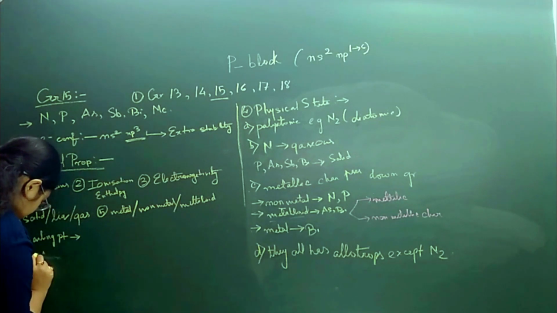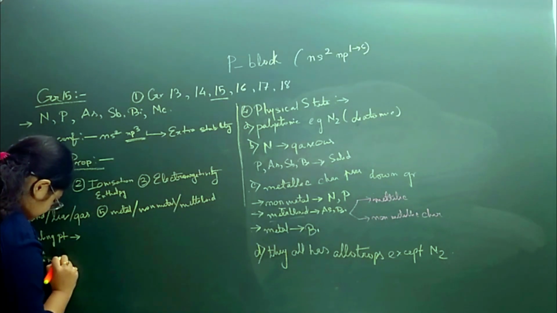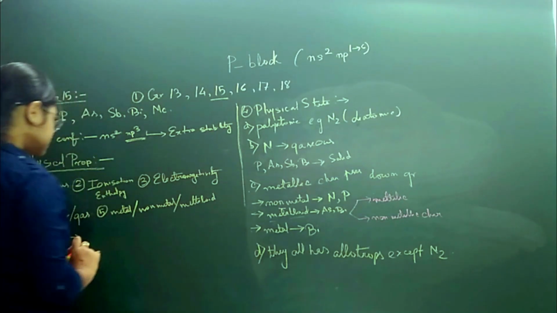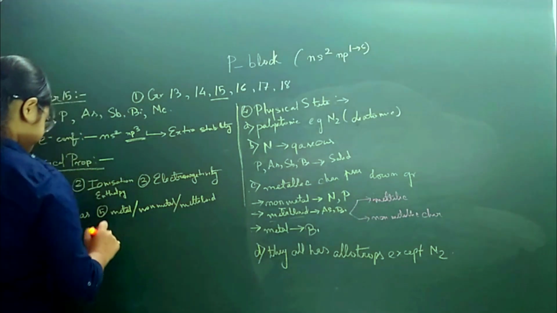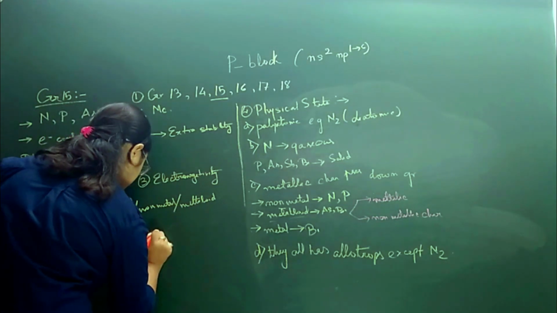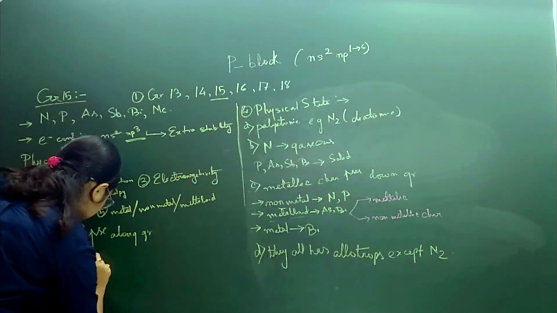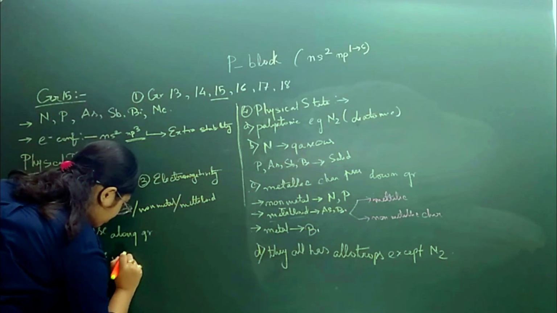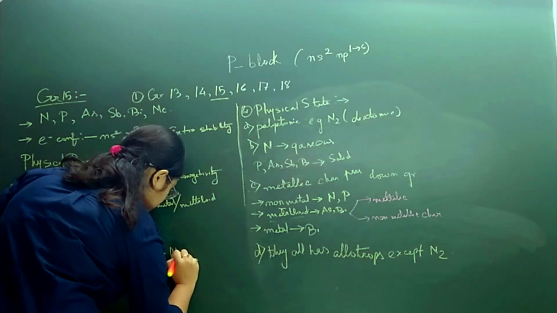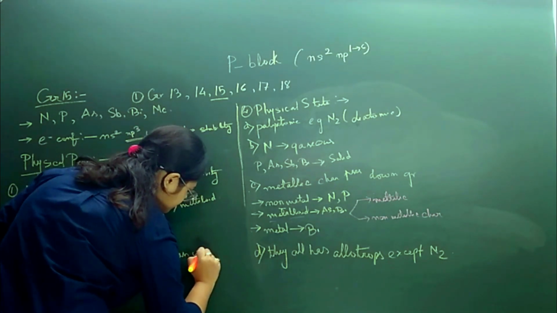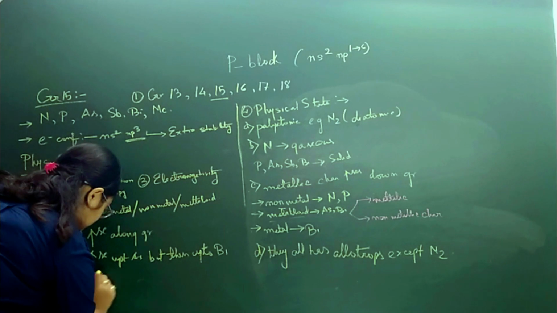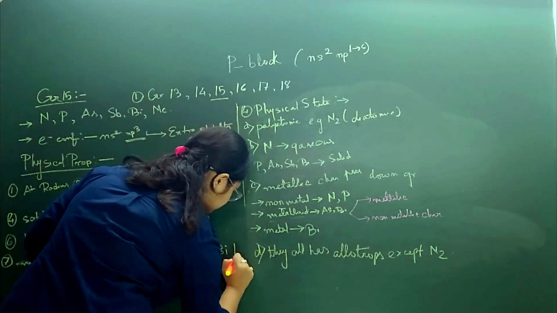Boiling point increases along the group, but in the case of melting point, it increases up to arsenic, and then up to bismuth, the melting point decreases.